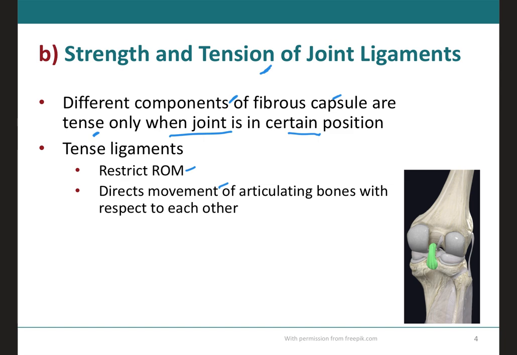For example, in the knee joint, the anterior cruciate ligament is tense, and the posterior cruciate ligament that we can see back here is loose when the knee is straight, and the reverse occurs when the knee is bent. So they complement each other to give strength and tension in the joint during movement.